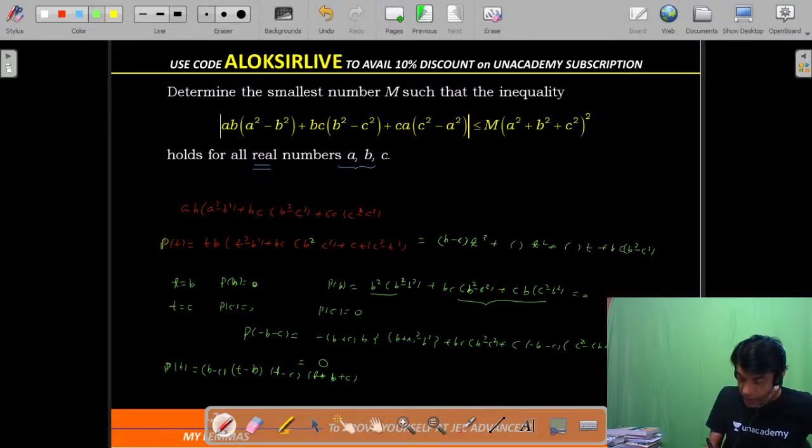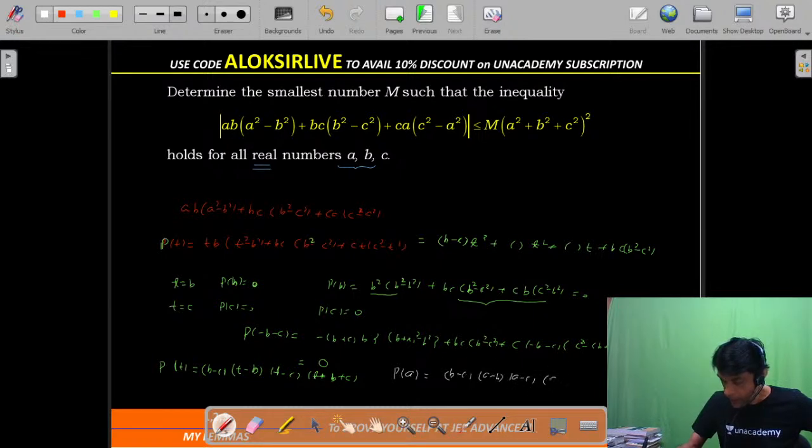Okay, now p of t is this one. P of t is this much, and now if you put p of a, you put a here, then we get p of a is b minus c, a minus b, a minus c, a plus b plus c. If you want to write cyclic order, you can write negative of a minus b. That will be more pleasing.